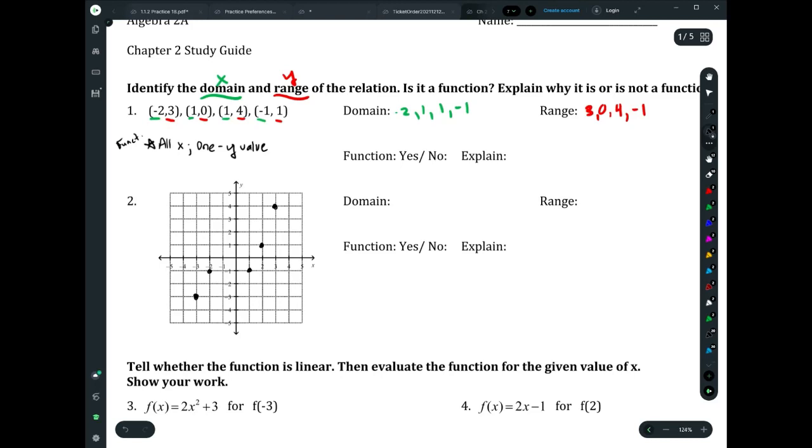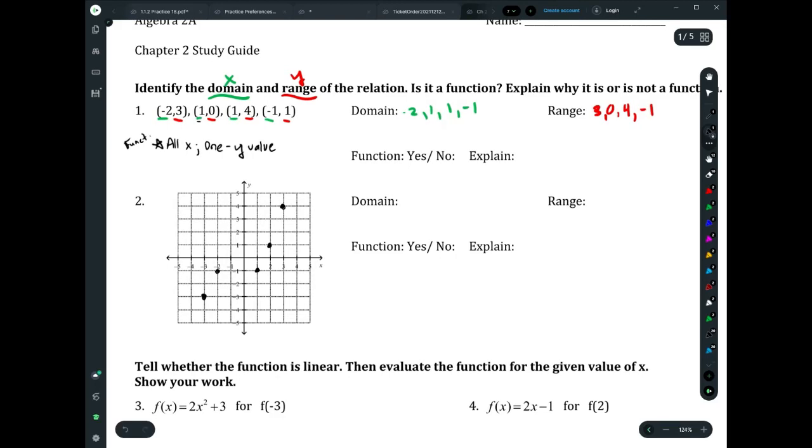So we have -1 going to 0, and also 1 going to 4. That tells me that it's not a function. It can't have both those y values.